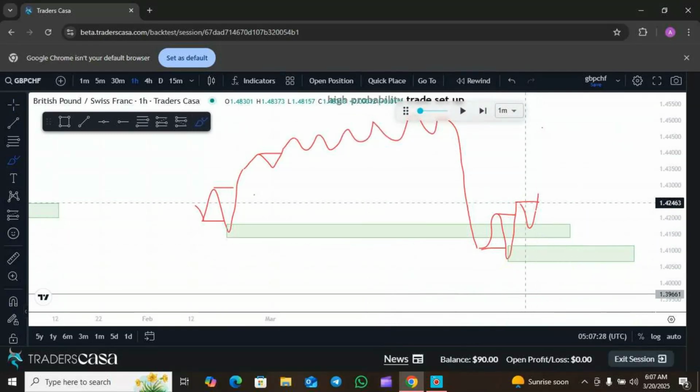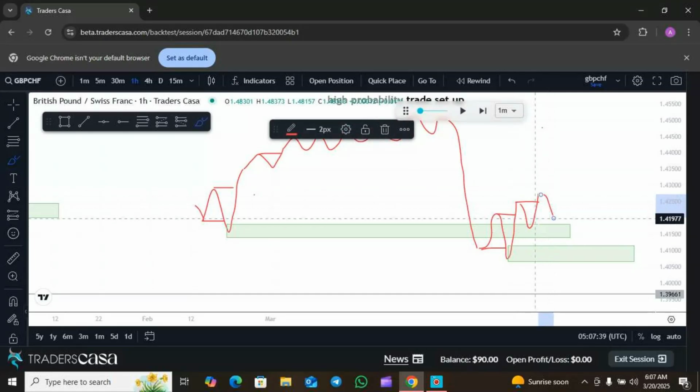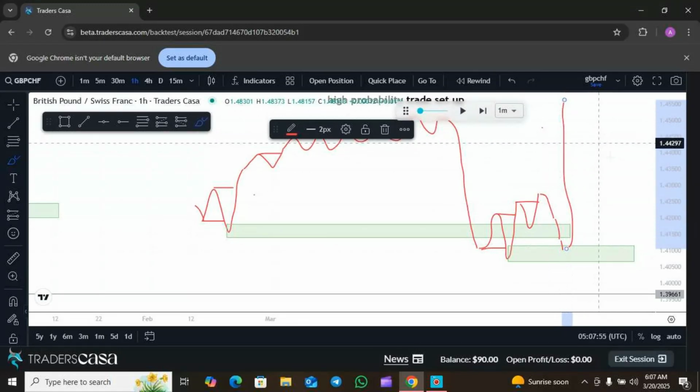Once price gives you an inducement liquidity here, price will again utilize this liquidity as a build up, then come to this POI and buy upward.